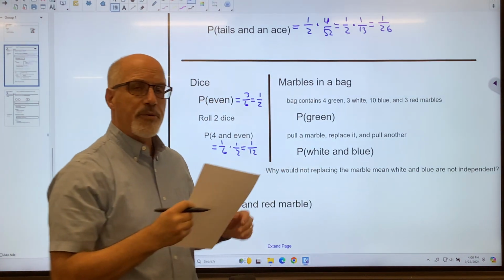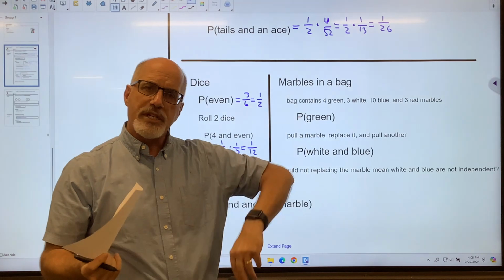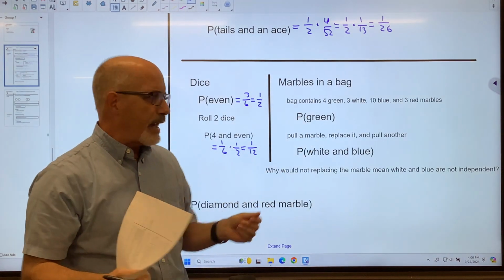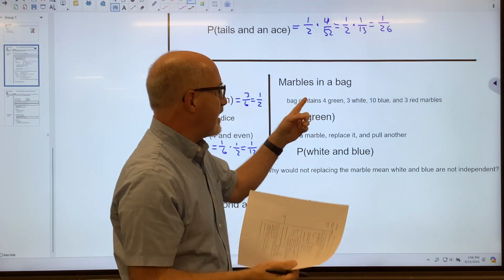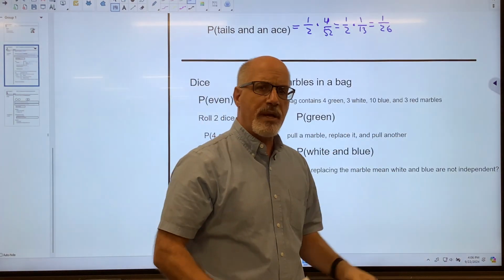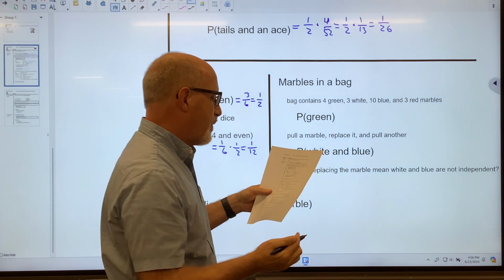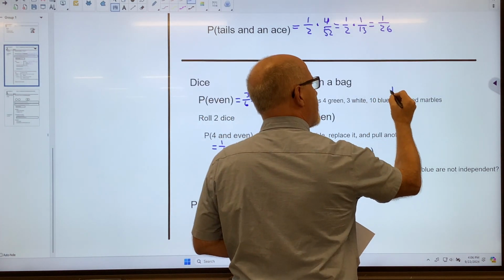All right, let's talk about marbles in a bag. So you've got a bag of marbles, and you're going to be reaching in and pulling marbles out at random. Now let's say this bag contains 4 green marbles, 3 white marbles, 10 blue marbles, and 3 red marbles. When you add up all those marbles, we've got a total of 20 marbles.